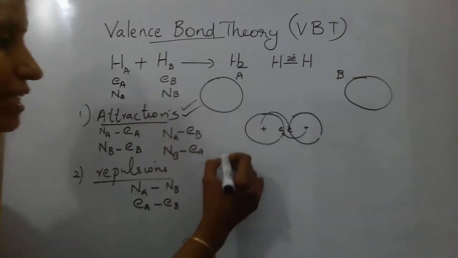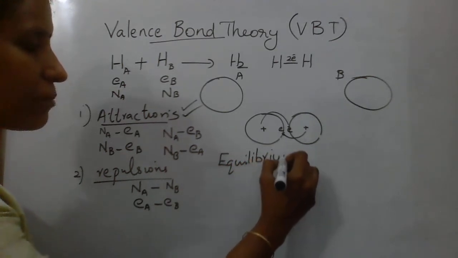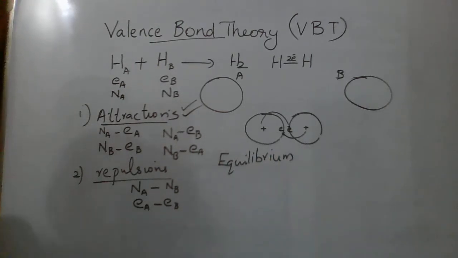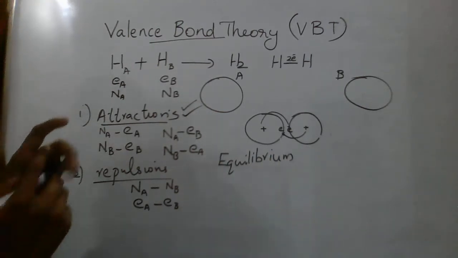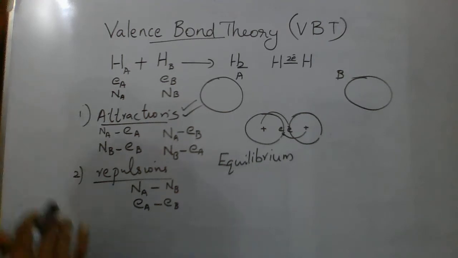That stage is called equilibrium. At equilibrium, attractive interaction becomes equal to repulsive interaction, and the two hydrogen atoms attain minimum energy state. At that stage, we say the two hydrogen atoms are chemically bonded.